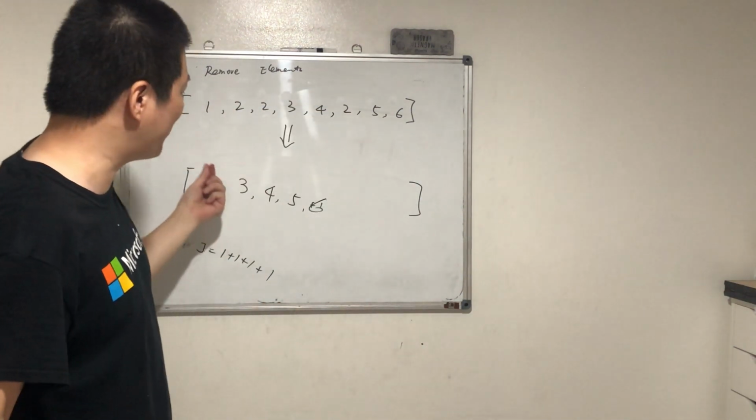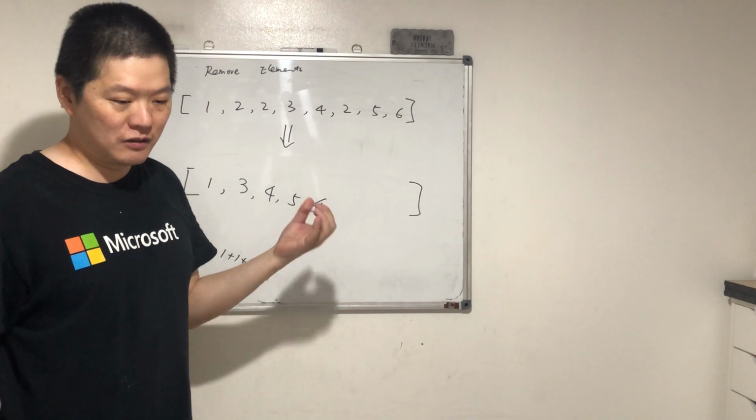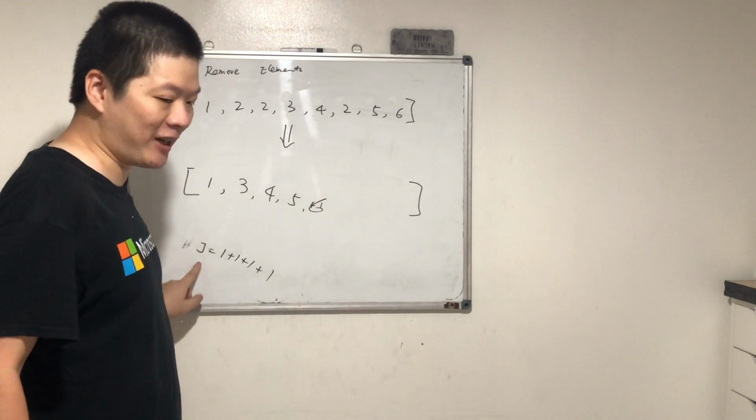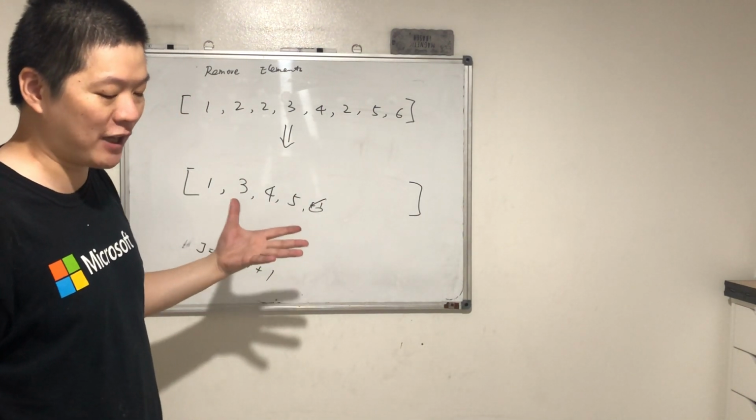We use one pointer and return this J, because J is the index, the count of the elements we kept. J is 4.